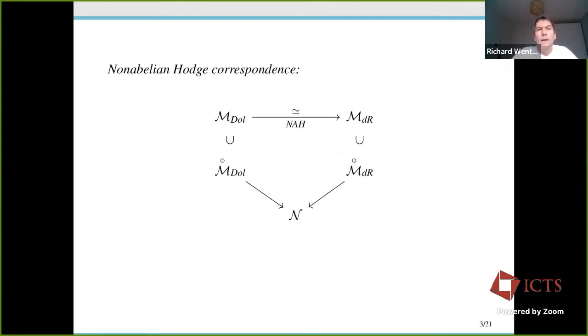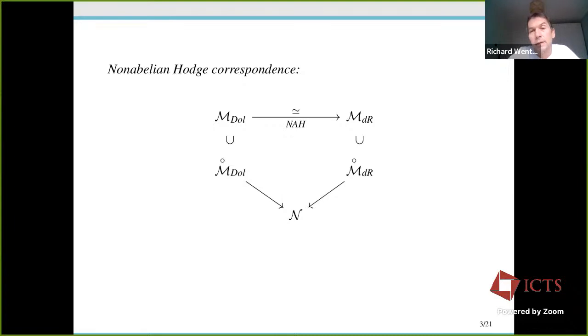Okay. And so then the most important thing that you know about these moduli spaces, the Dolbeault moduli space, the Higgs bundles moduli space, and the flat connections, is that there's something called the non-abelian Hodge correspondence, which is a diffeomorphism between the two moduli spaces, Dolbeault and de Rham. I'll review that very briefly later on, but just think of it as some diffeomorphism.